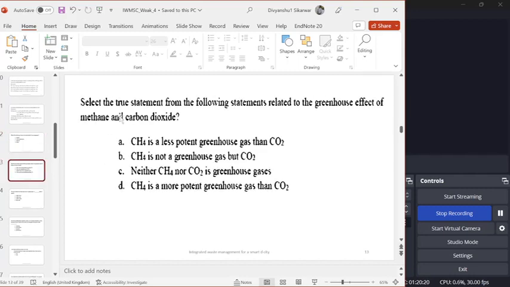The second question is, select the true statement from the following statements related to the greenhouse gas effect of methane and carbon dioxide. You can answer in the chat box.